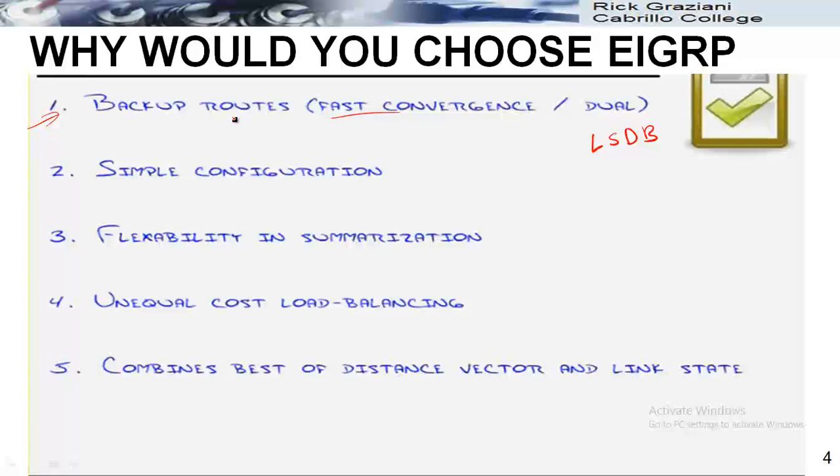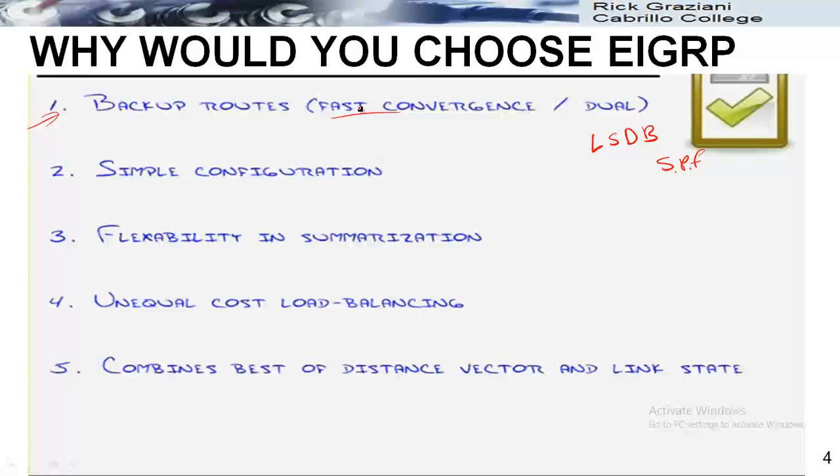Because for OSPF to choose the backup route to put in the routing table, it will have to run the SPF algorithm, which is quite CPU intensive. But this backup is put in the routing table in sub-second. Anyway, I think we'll see more on that as we expound on what we mean by successor and feasible successor routes.